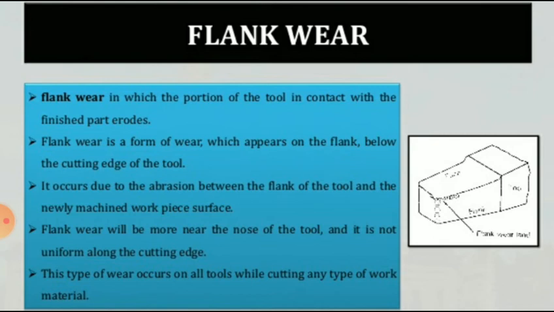This wear produces wear lands on the side and end flanks of the tool due to the rubbing action of the machined surface. In flank wear, the portion of the tool in contact with the finished part erodes. Flank wear is a form of wear which appears on the flank below the cutting edge of the tool. It occurs due to the abrasion between the flank of the tool and the newly machined workpiece surface.